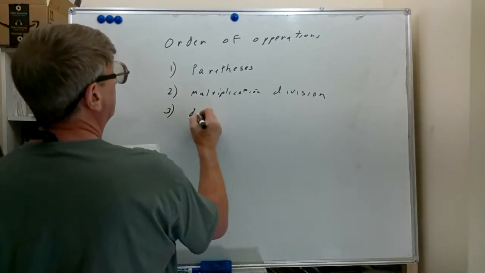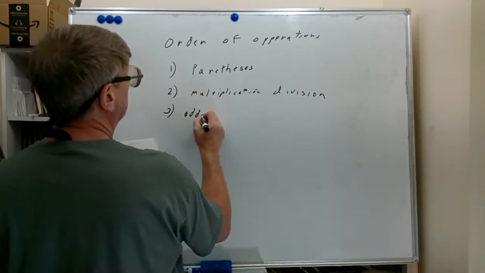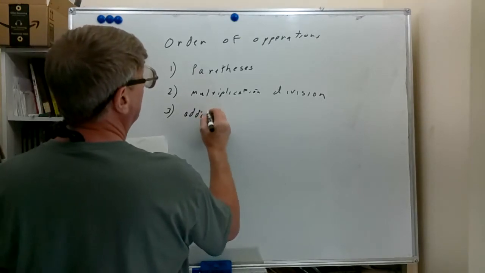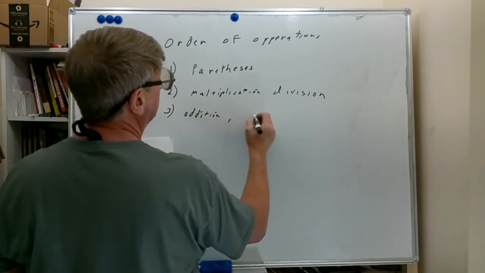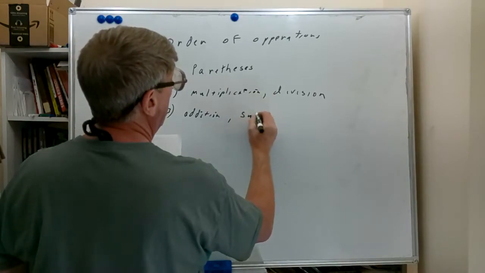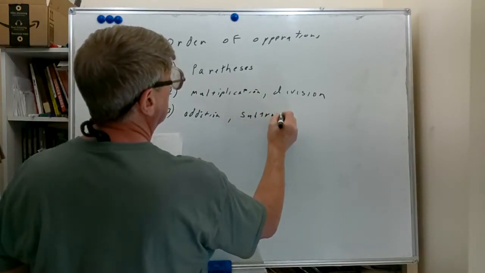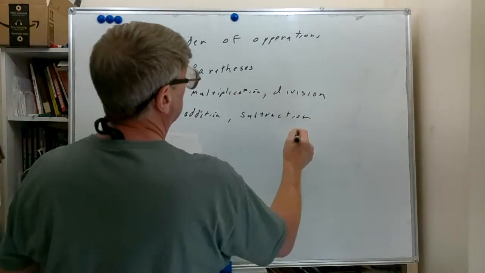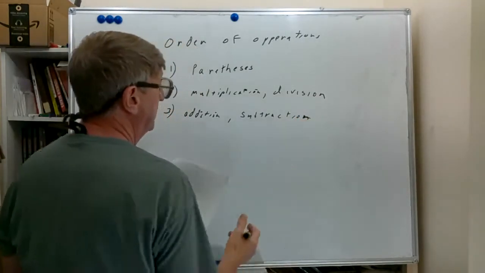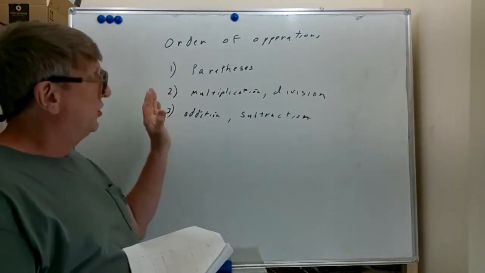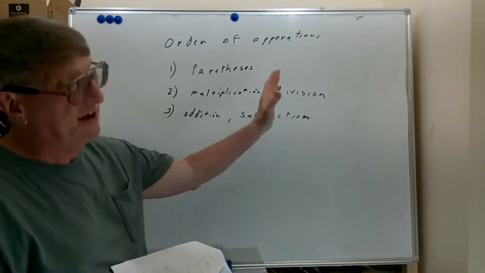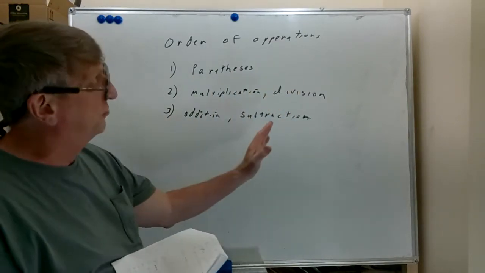And then we do addition and subtraction from left to right. So, kind of our normal order to doing things is left to right, multiplication, division, then go through again left to right, addition, subtraction.